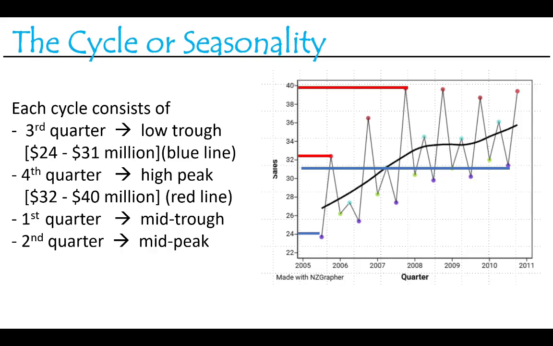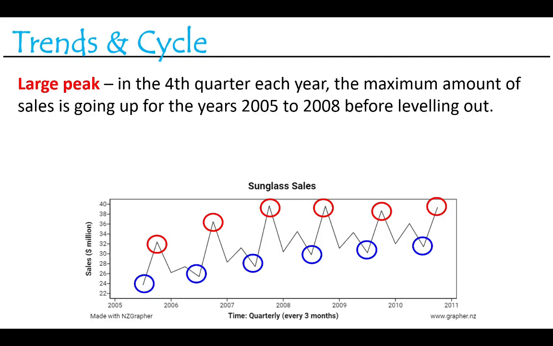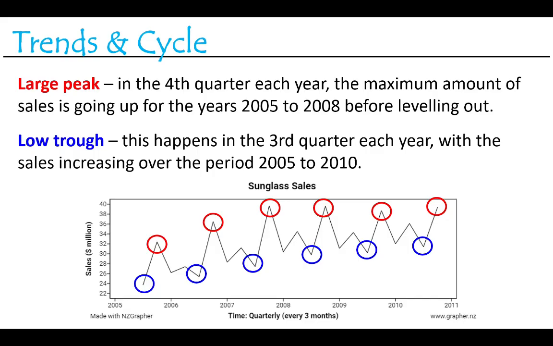This slide is about the cycle only, the seasonality only. But when you are asked to discuss both the trend and cycle, you should take both of them into consideration. One way of doing it is by comparing the peaks and the troughs.